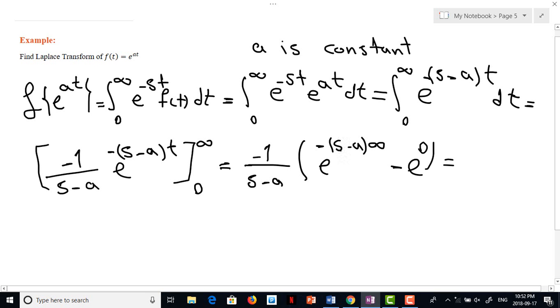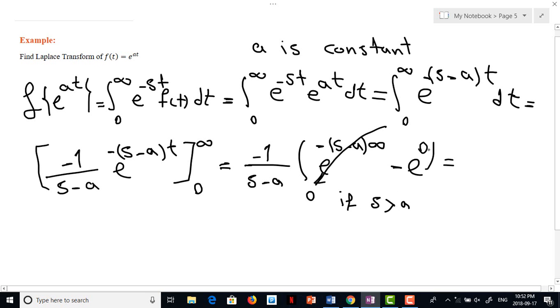And if s is less than a, so this term is negative, negative times negative is positive, so we have e to the power of infinity, so it's going to be divergent. As a result, in order to end up with a convergent integral, s should be greater than a, and this part is going to be equal to 0. It's for s greater than a.